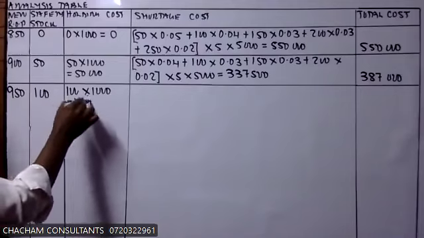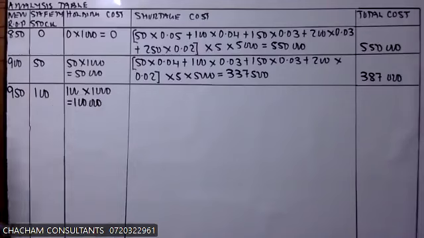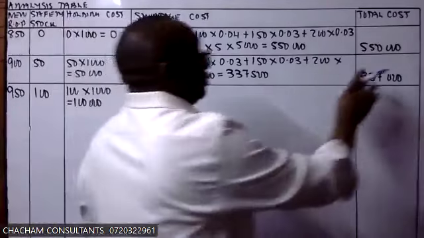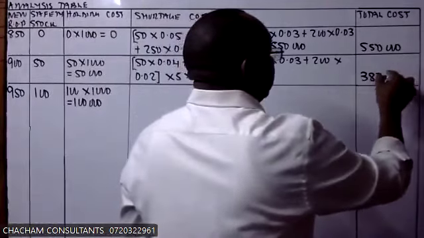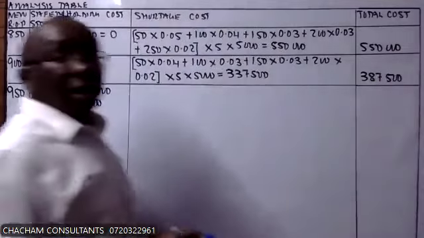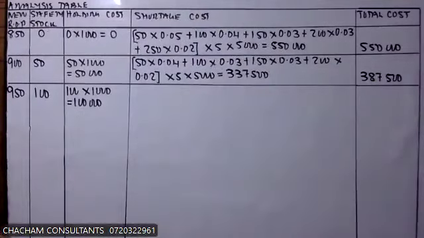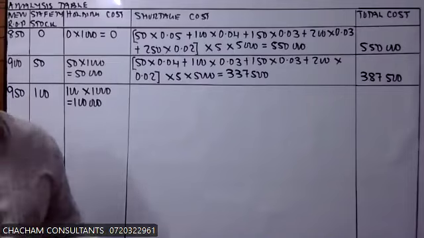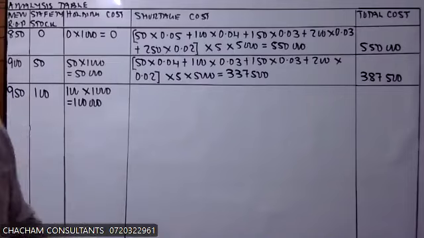So this will be 100,000. If it is 100,000, and you go beyond 950, the first point you stop is 1,000.